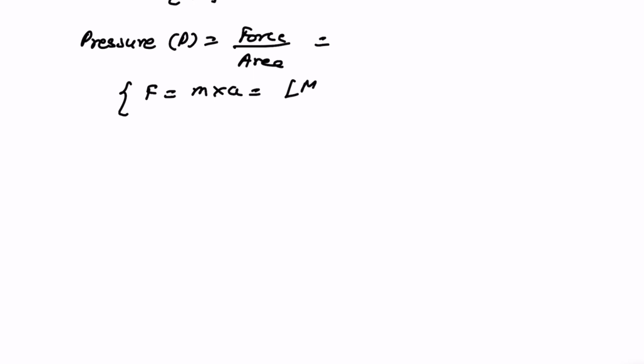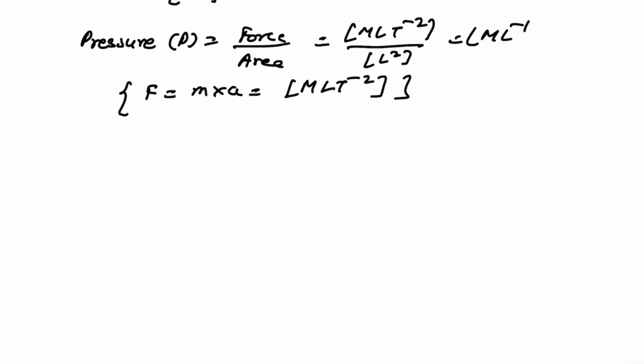The dimension of mass is M, the dimension of acceleration is LT minus 2. So the dimension of force is MLT minus 2. Pressure will become MLT minus 2 divided by L square, and if I take it to the numerator, ML minus 1 T minus 2. So the dimension of pressure is ML minus 1 T minus 2.